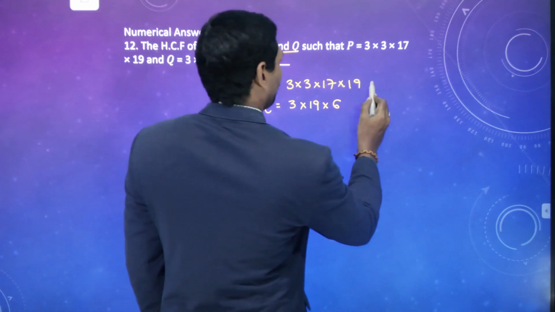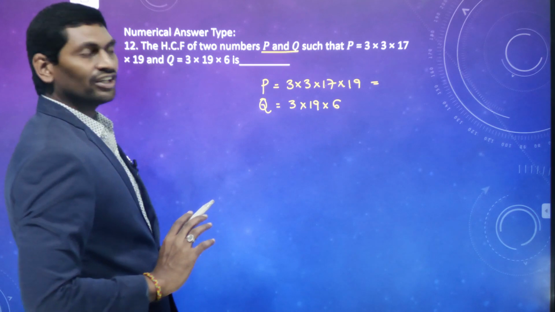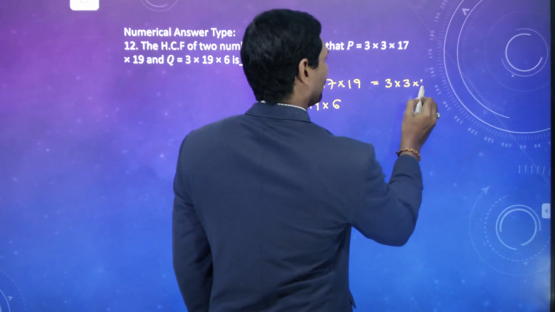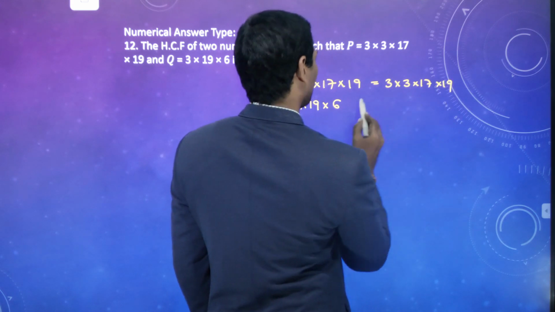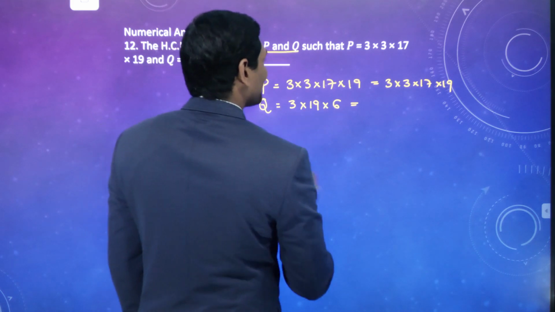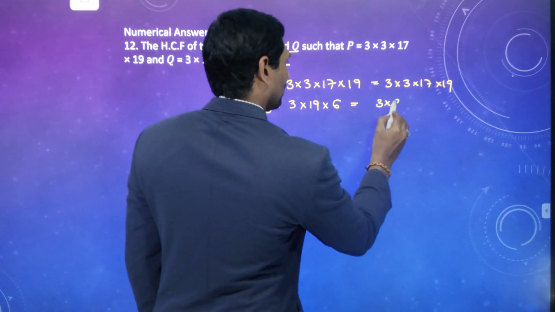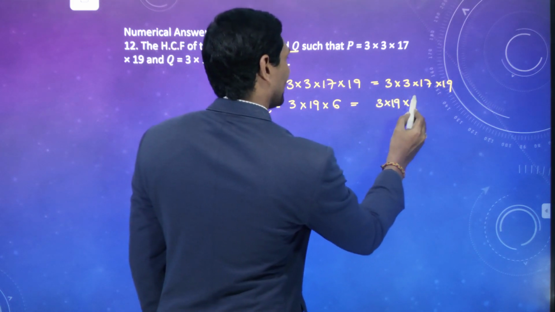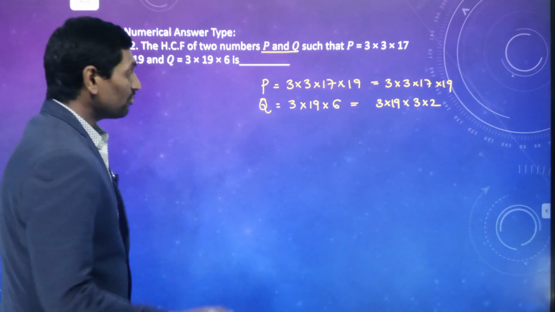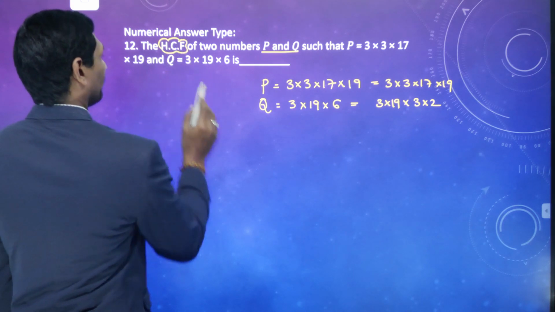Okay. So for p, 3, 3, 17 and 19 all are prime numbers only. So I can write this as 3 into 3 into 17 into 19. All are prime numbers. But in q, 6 is not a prime number. So I am writing 6 as 3 into 2. Now what we need to find is the HCF.